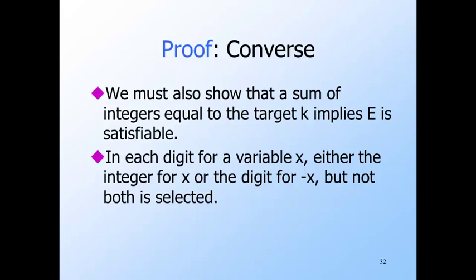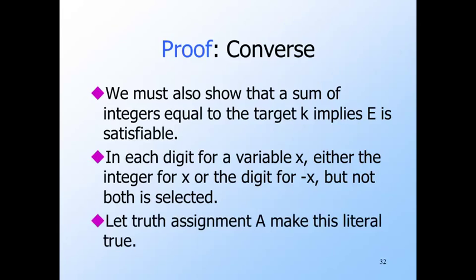If x is that variable, that means we picked either the integer for x or the integer for not x, but not both. That means we have a truth value for each variable x. If we pick the integer for x itself, then make x true, and if we pick the integer for not x, make x false. Either way, the literal for the integer we picked is true in this truth assignment, which we'll refer to as a in what follows.